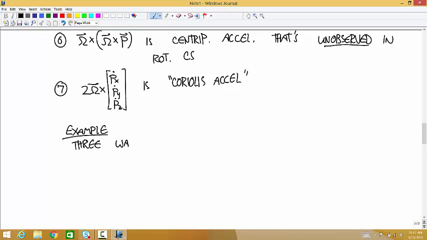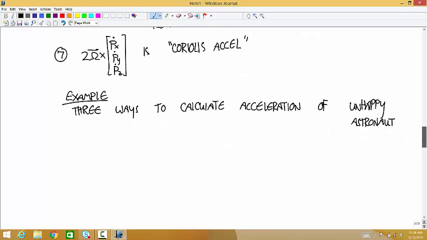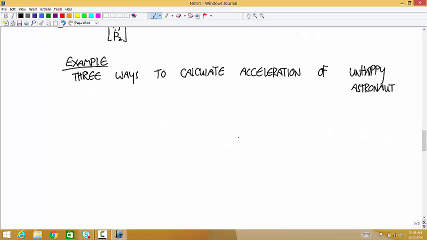So, 3 ways to calculate the acceleration of the unhappy astronaut. Okay, so here's the setup.